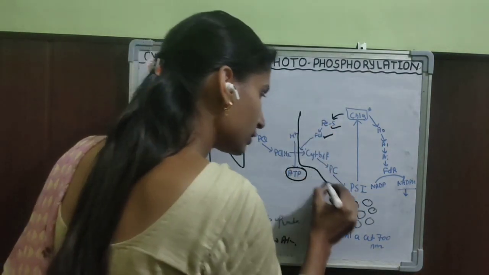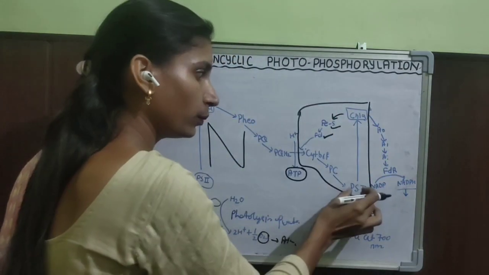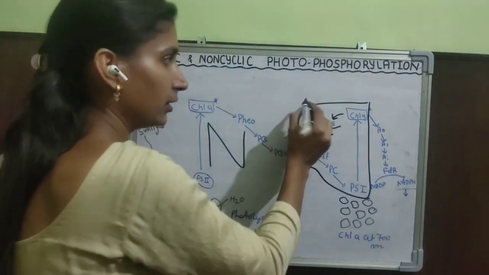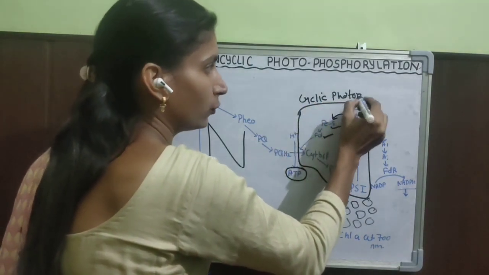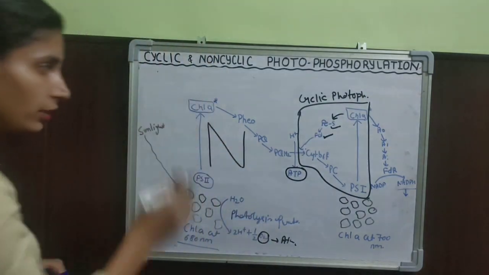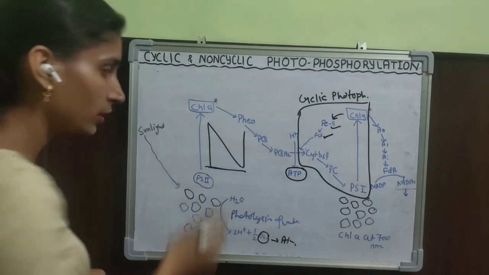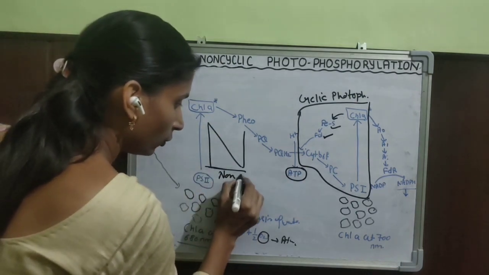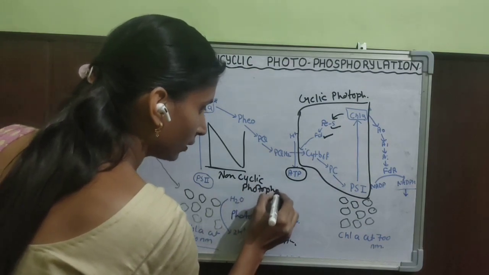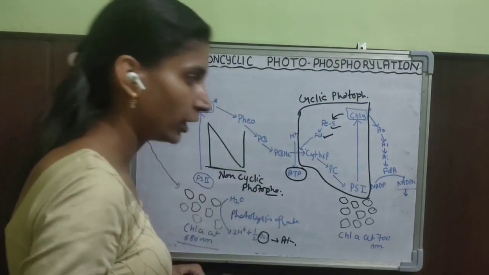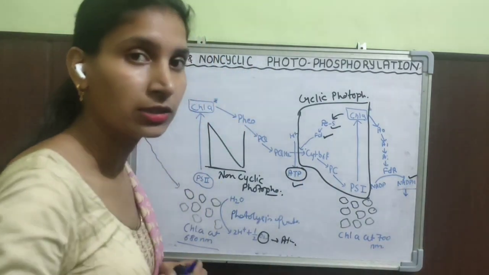This phase, where only PS1 is involved, is called cyclic photophosphorylation. If it occurs in the Z scheme, it is known as non-cyclic photophosphorylation. This is the photophosphorylation whose products are NADPH and ATP.